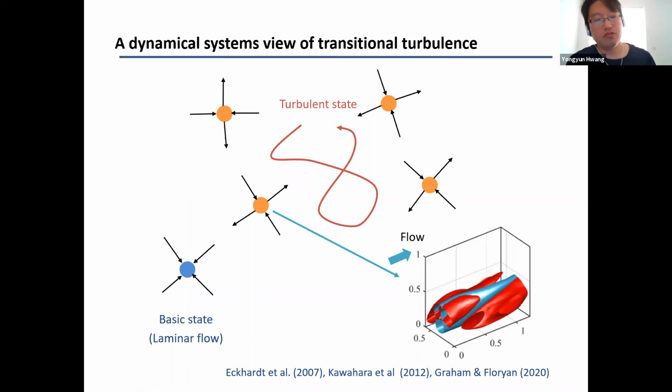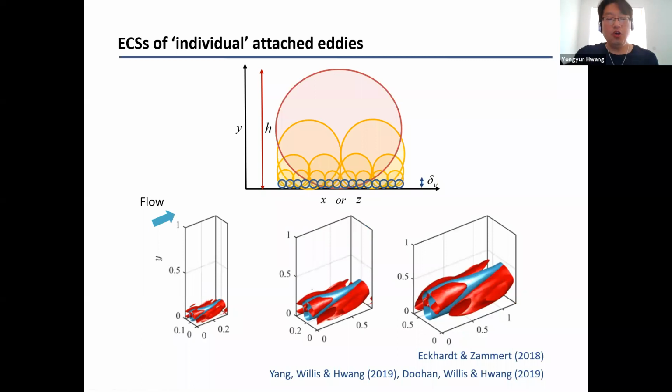There are nice reviews earlier by Bruno Eckhardt and Genta Kawahara, and more recently by Mike Graham. From that, what we have long suspected is that there must be exact coherent states which represent each of the attached eddies.